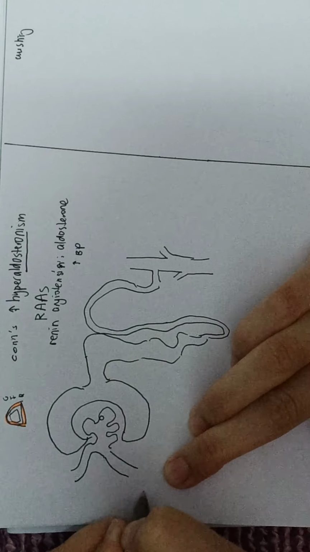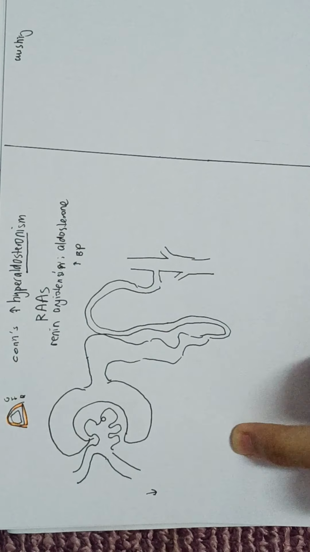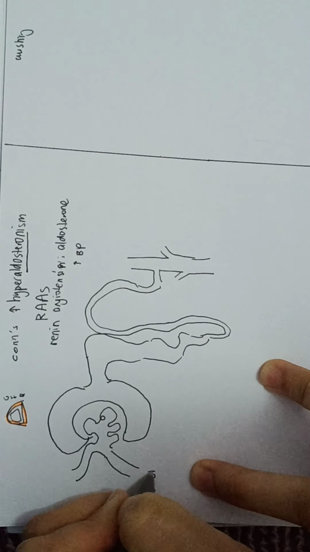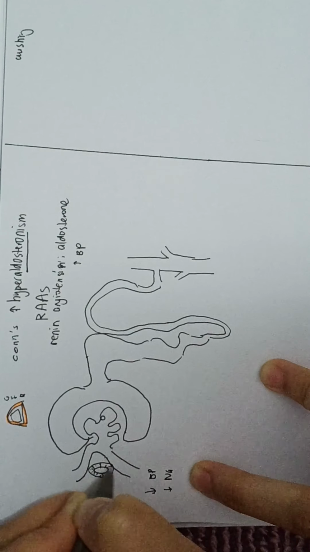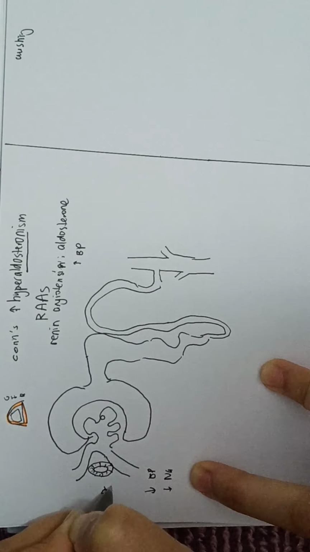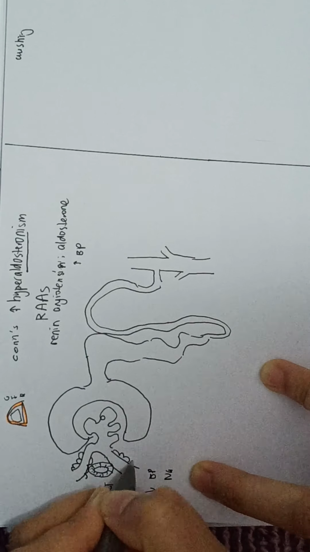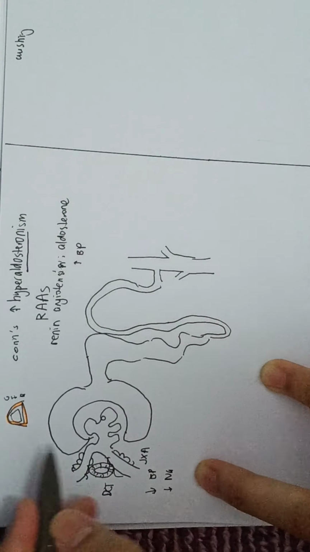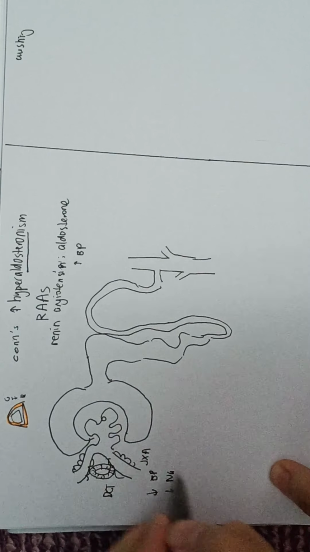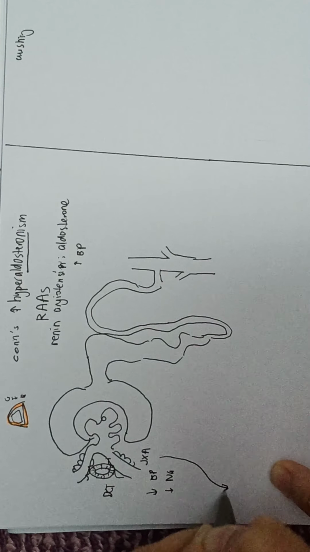So when there is a low BP or low sodium, the macula densa, which are cells lining the distal convoluted tubules, will detect these conditions and give a signal to the juxtaglomerular apparatus. The juxtaglomerular cells will produce renin.